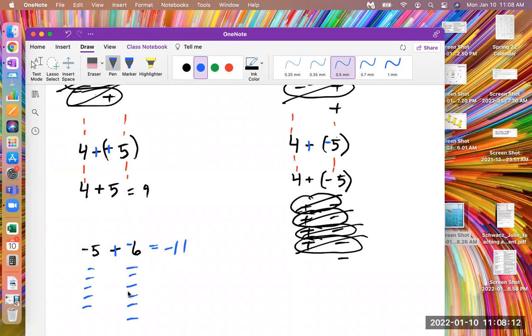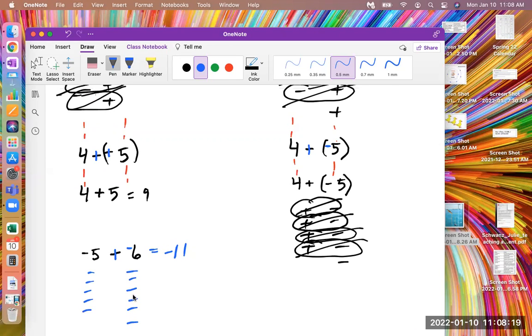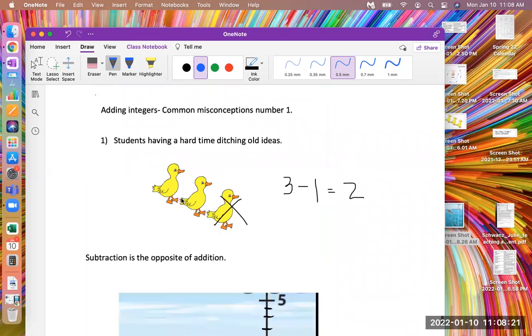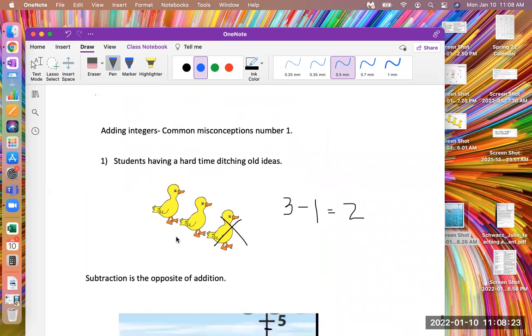Okay. Like I said, this seems so foreign because you're really holding on to this concept of little duckies, and 3 of them, and 1 of them went away, and breaking that is a hard thing to do.